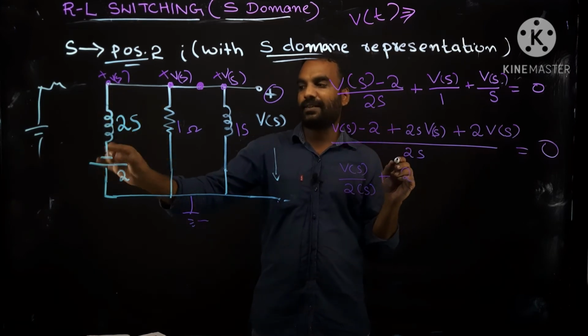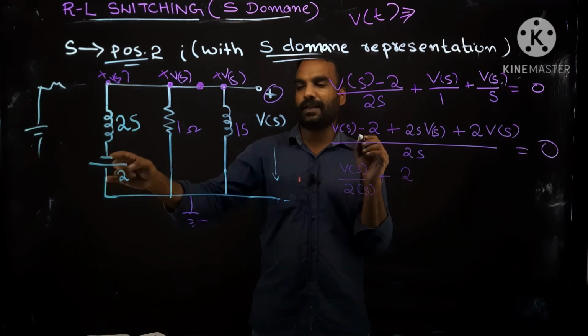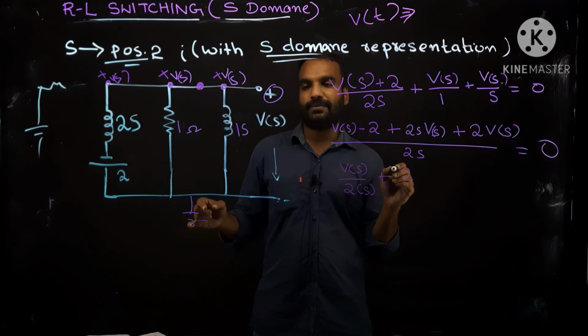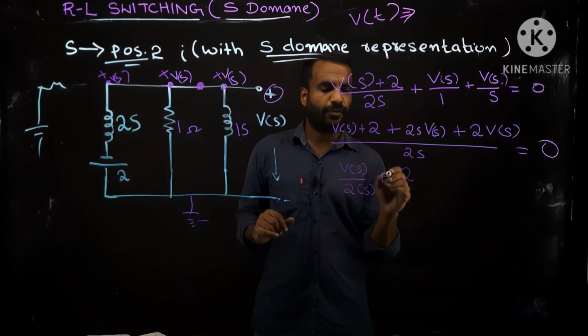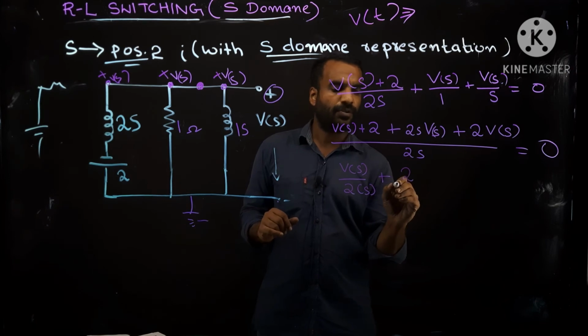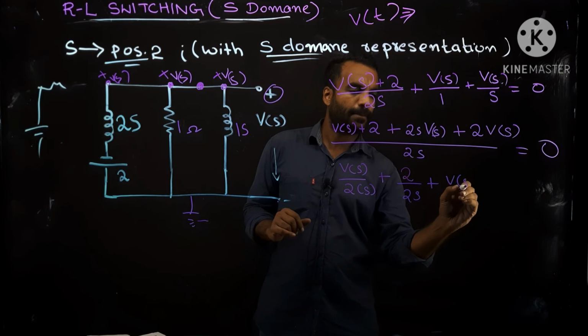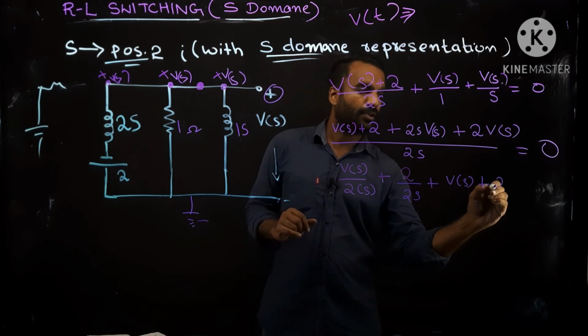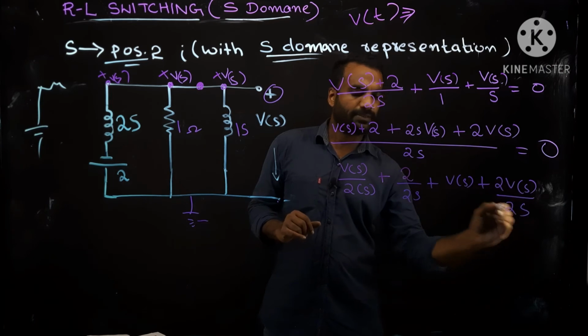If the battery is connected in reverse polarity, if the battery is connected negative in the top side, we have to give plus. You can just apply a loop voltage equation, then you will get this V of S plus 2. So 2 by 2S plus V of S plus 2 V of S by 2S.